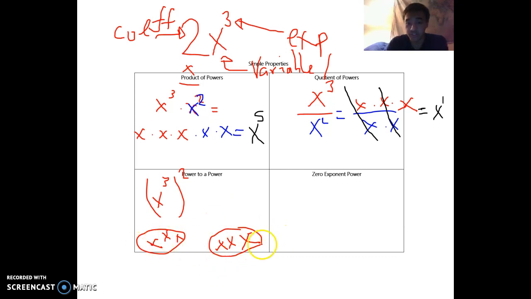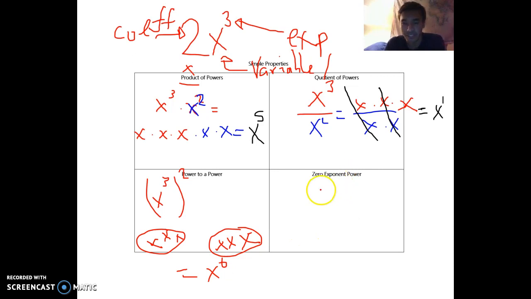These are all multiplied by each other, so this actually equals x to the 6th. And you can see all 6 x's there. So power to a power, when we have exponents raised to another exponent, we multiply. 3 times 2 is 6.